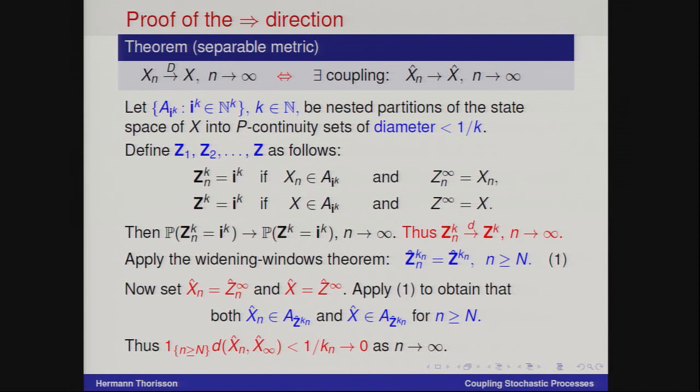And so this thing here applies as follows. When n is large, x hat n is in the same set as x hat. So for large enough n, this is less than this, which goes to 0. Bingo.